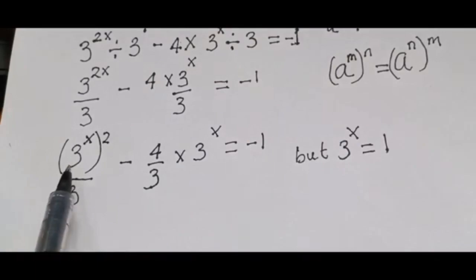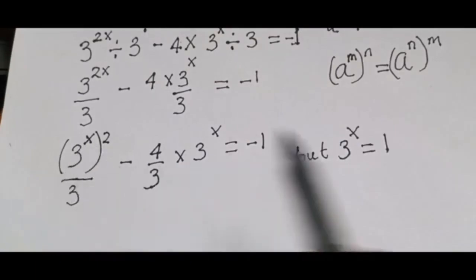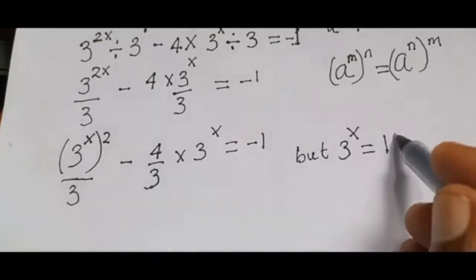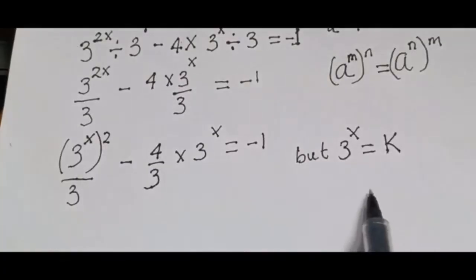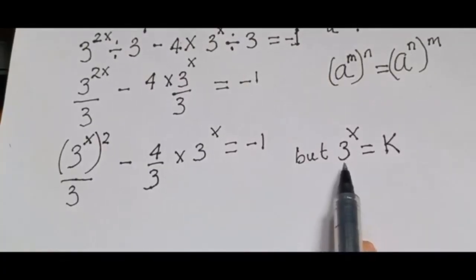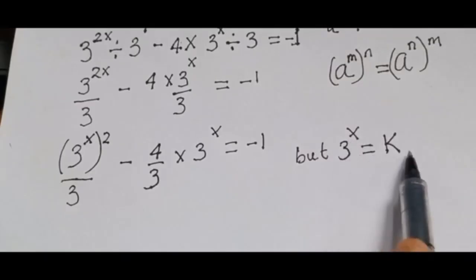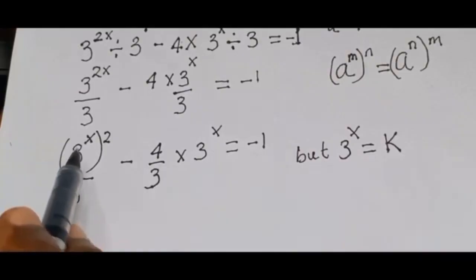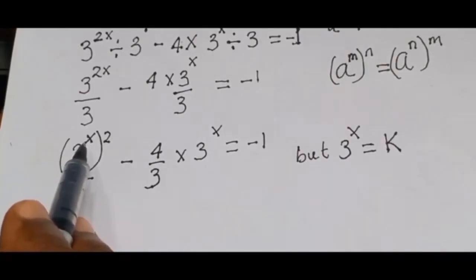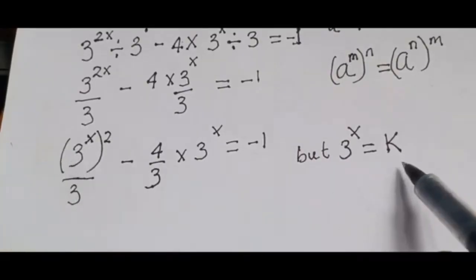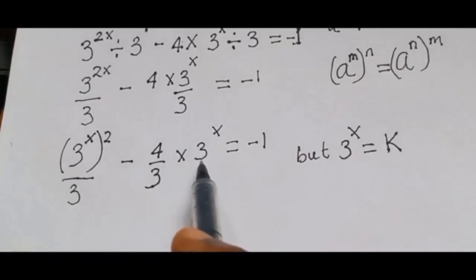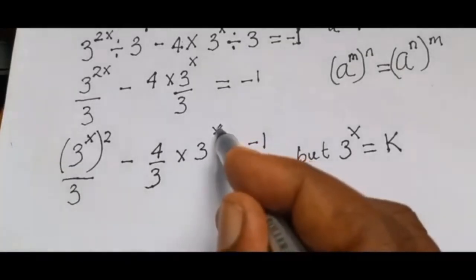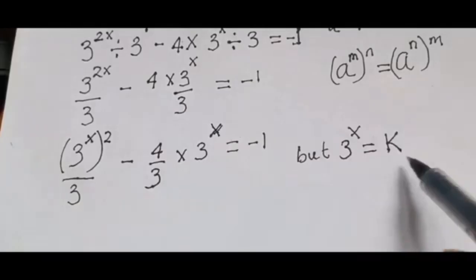Wherever there is 3 raised to power x, we are going to substitute k, because in our question we've been told that 3 raised to power x equals k. So here, instead of writing 3 raised to x, we are going to write k. The same here, instead of writing 3 raised to x, we are going to write k.